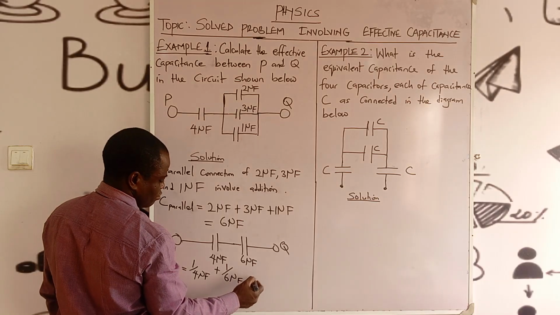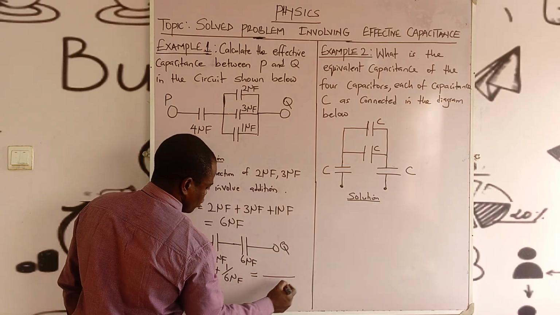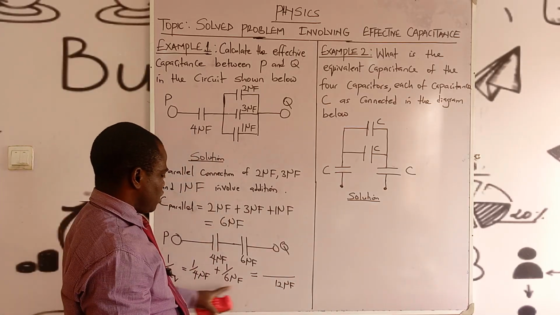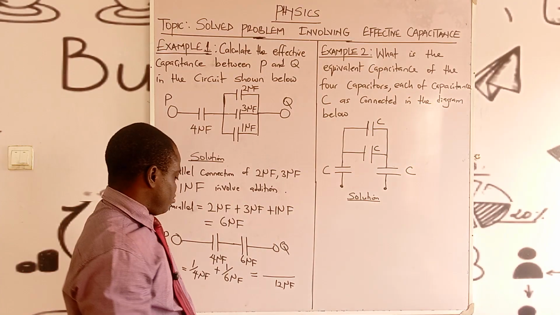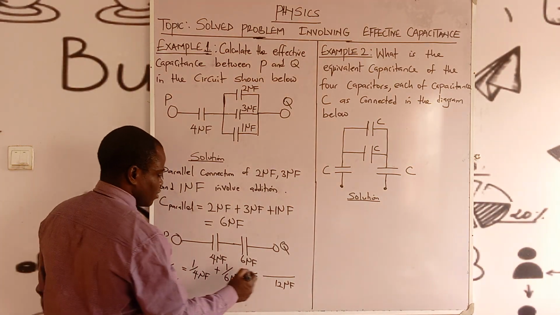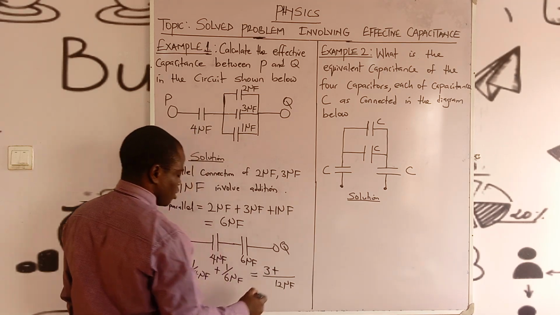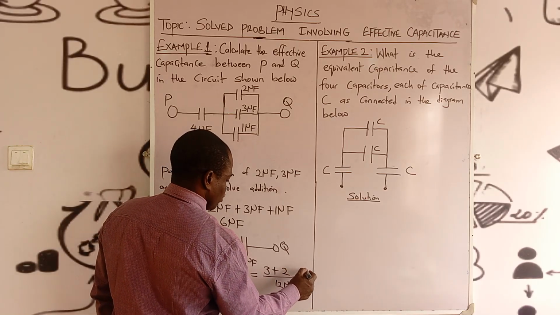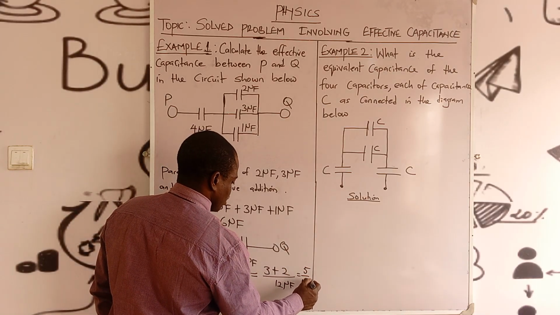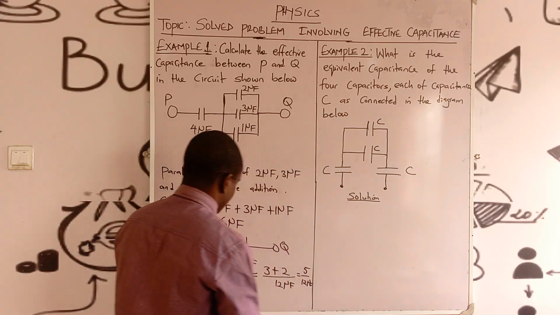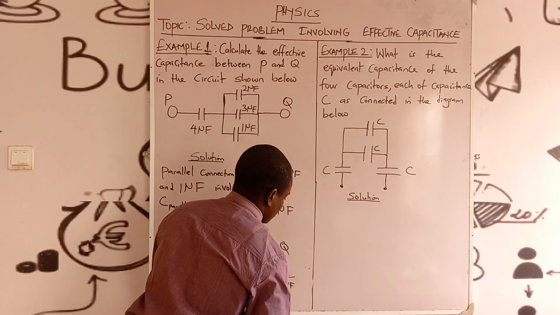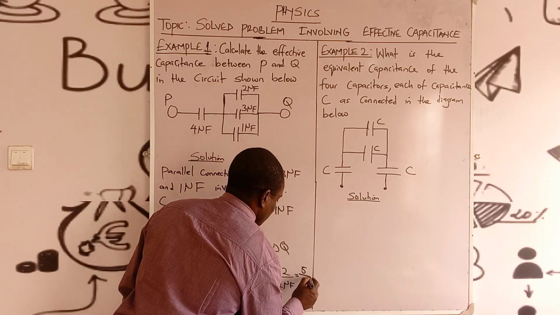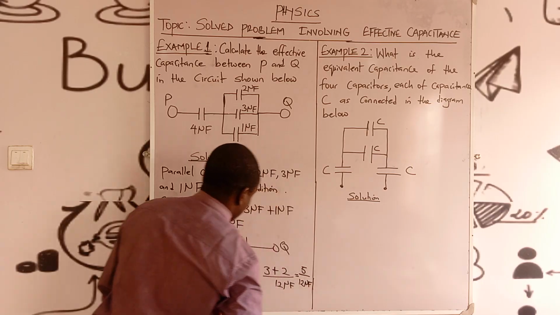For the LCM, that's 12 microfarad. 4 microfarad into 12 microfarad is 3. 3 times 1, that is 3, plus 6 microfarad into 12 microfarad, that is 2. 2 times 1, that's 2, which will give us 5 over 12 microfarad. Equals 5 over 12 microfarad.